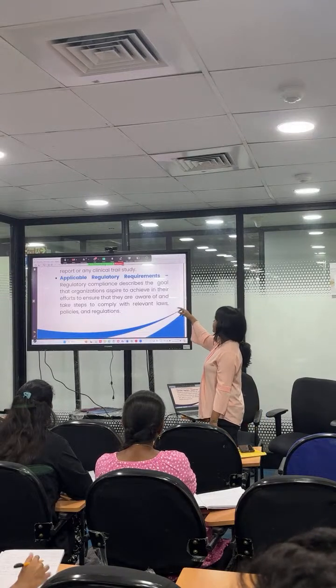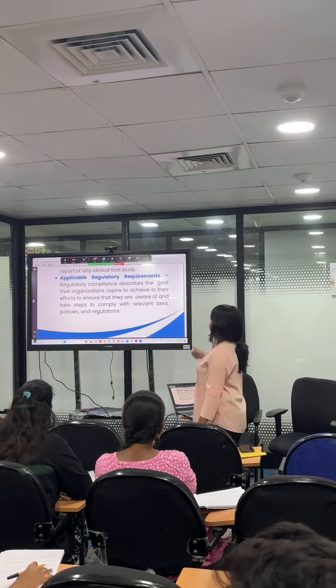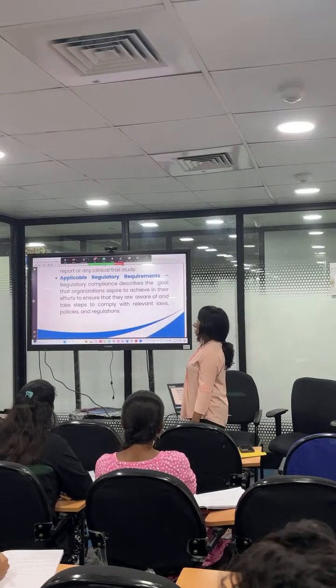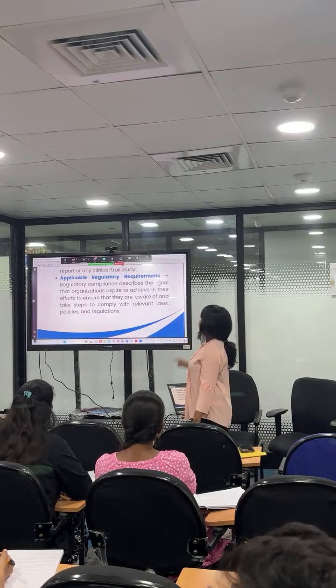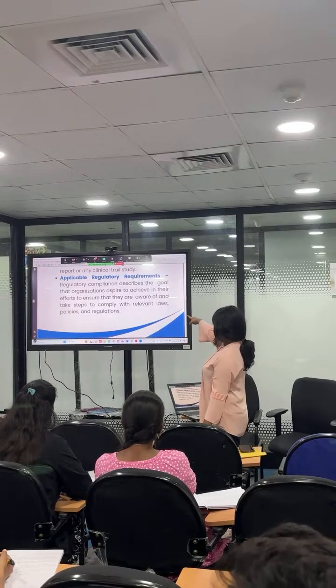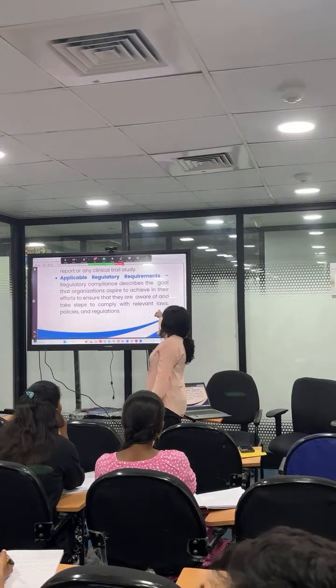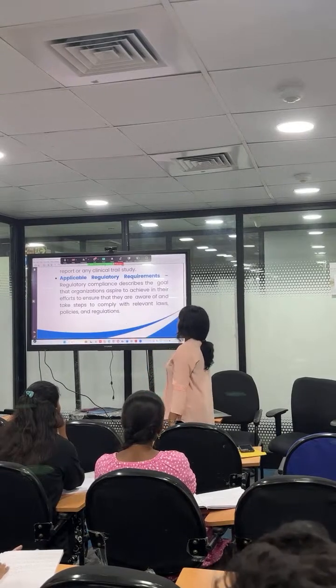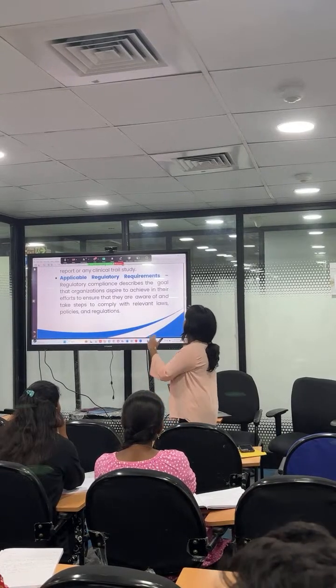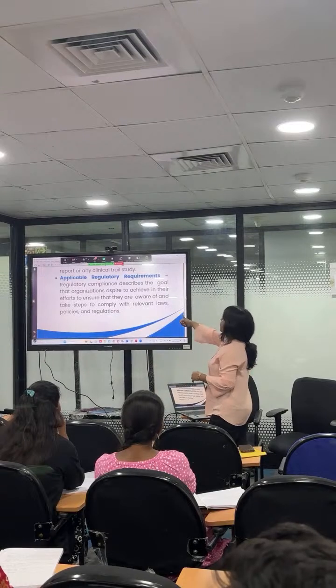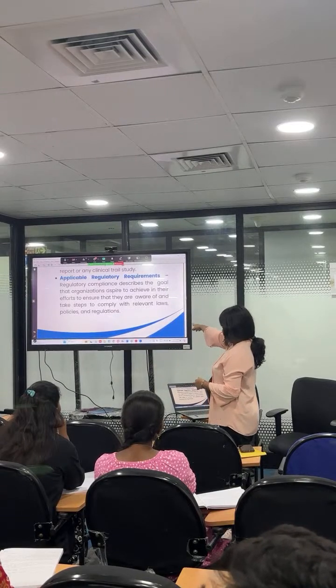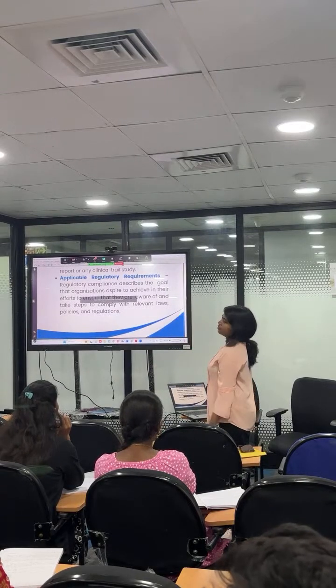Regulatory compliance describes the goal that organizations aspire to achieve in their efforts to ensure that they are aware of and take steps to comply with relevant laws. It includes the relevant laws, policies and regulations.